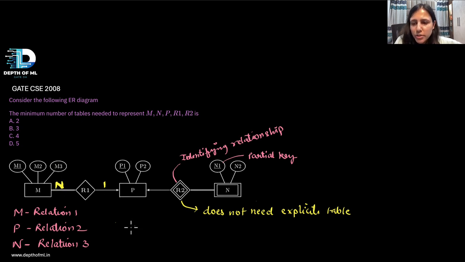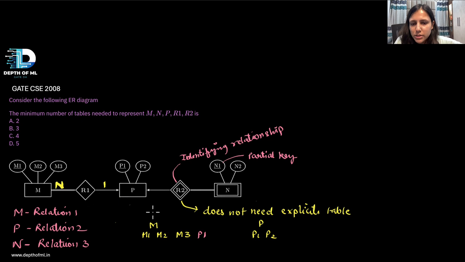So what we can do is, if you have this M table, we'll have M1, M2, M3, right? Here we have this P table, which has P1, P2. So we'll get this P1 here on the many side.